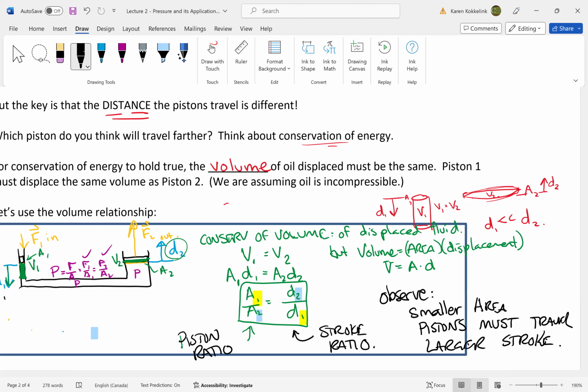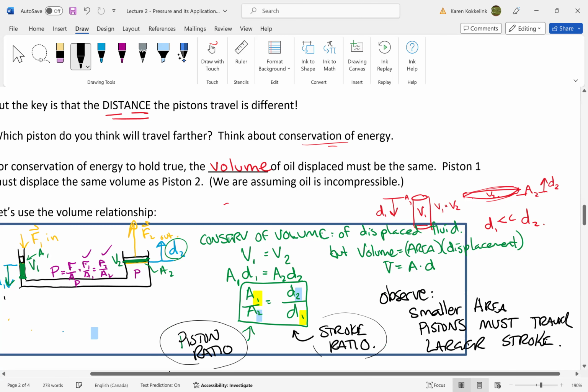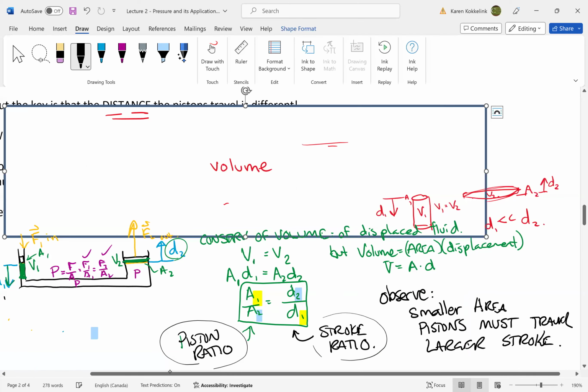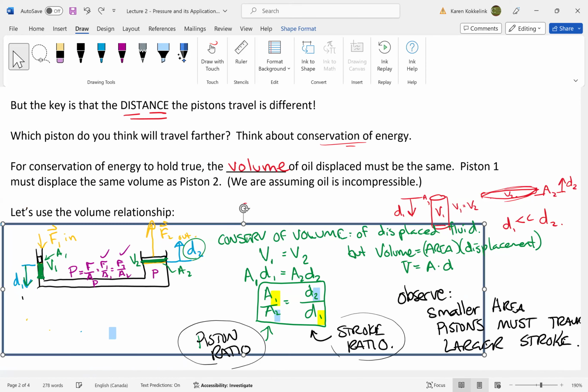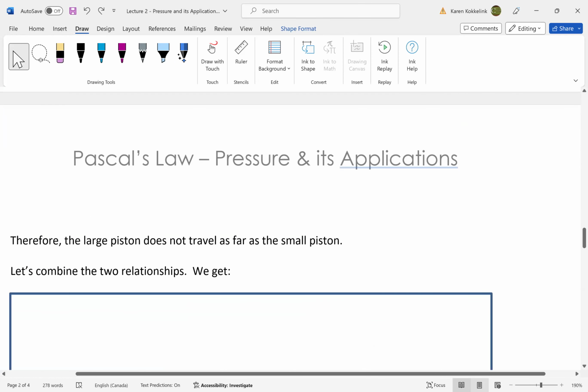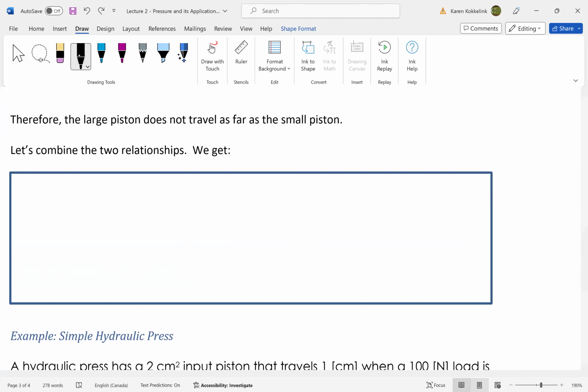So if we combine those relationships, because we have a piston ratio here, we have a stroke ratio here, and above we had a force ratio, then what we're going to get is the force out over the force in is going to be the same as the area out over the area in, because force out in this case, larger, corresponds exactly to the larger piston, but it's going to travel less of a distance.